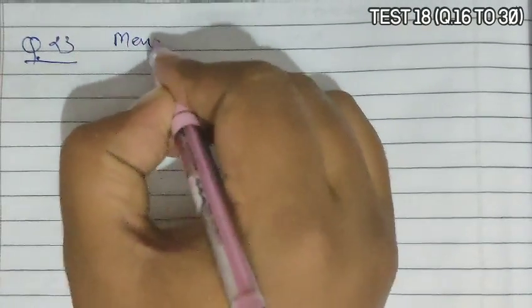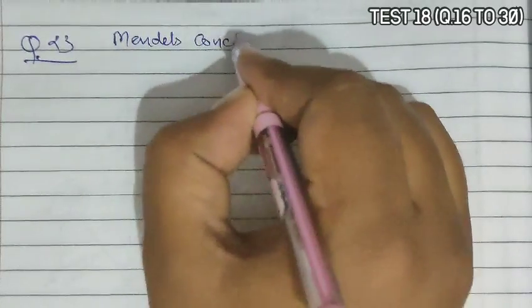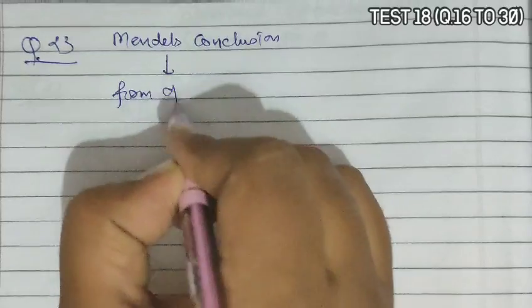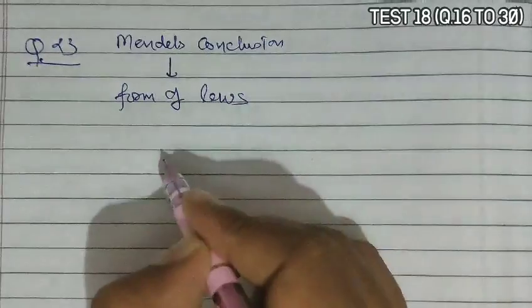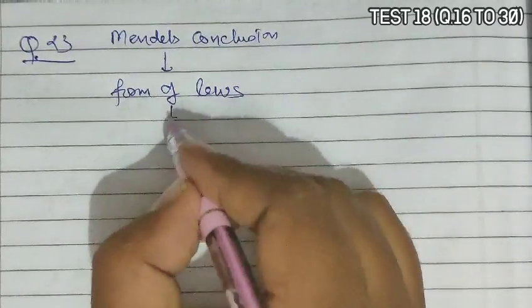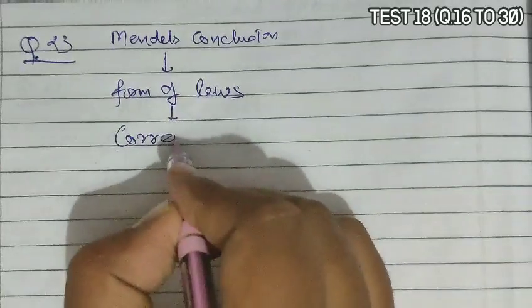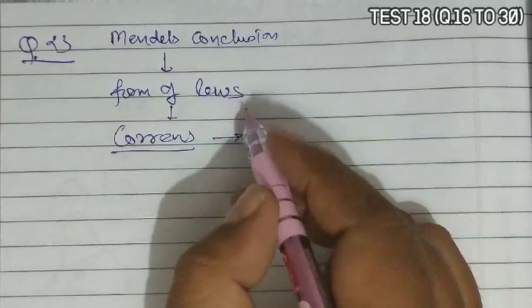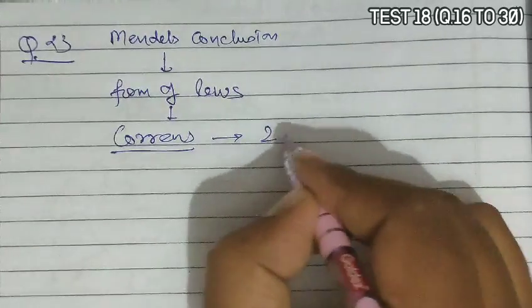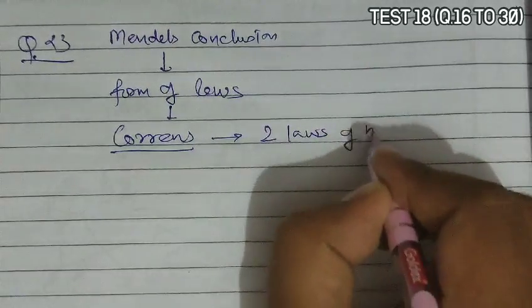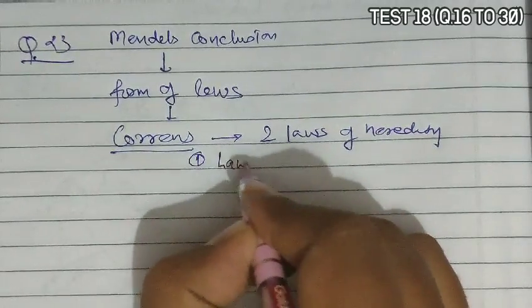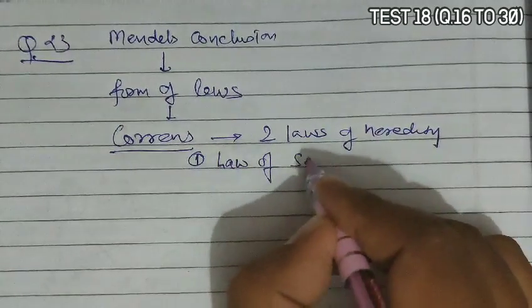Next is question 23. Question 23 asks: who put forth Mendel's conclusions in the form of laws? It was Correns, the scientist Correns. Correns converted two generalizations of Mendel into two laws of heredity.